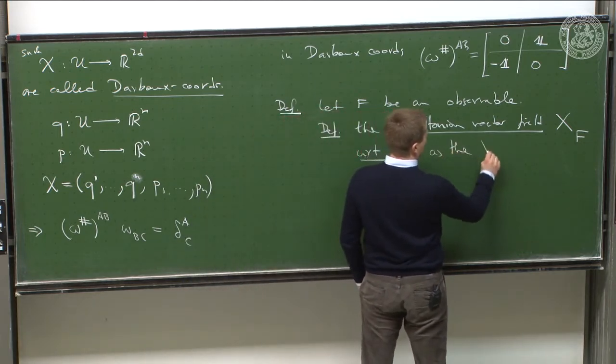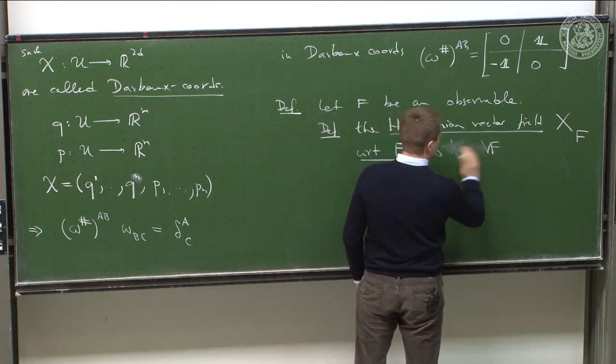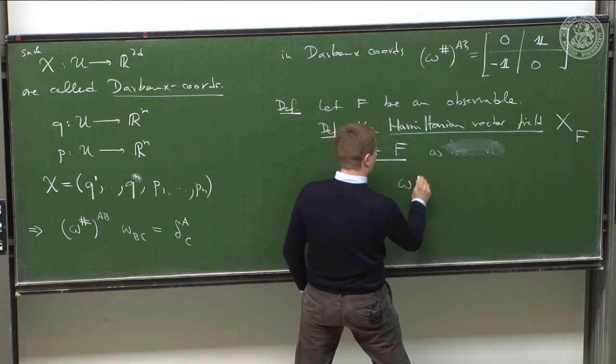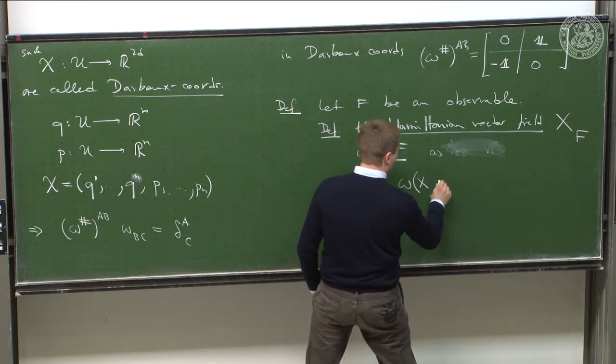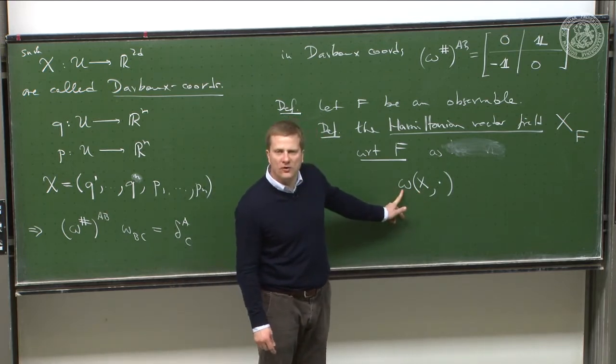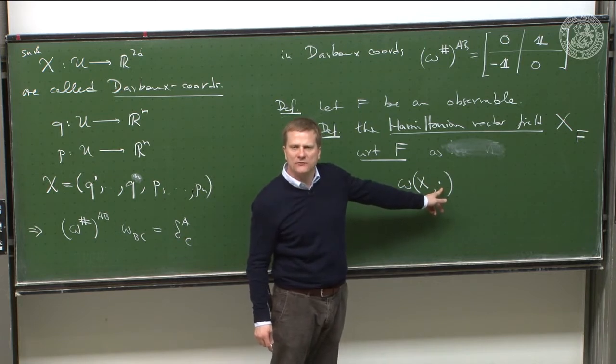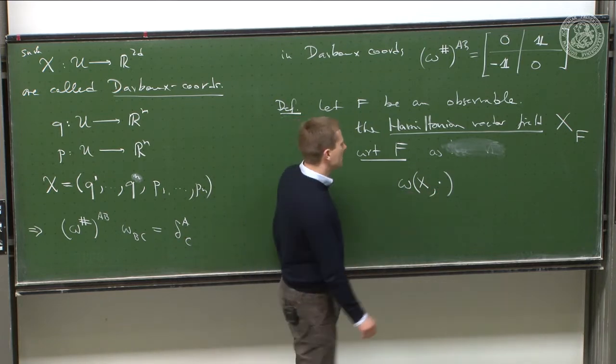as the vector field X_F such that omega(X_F, open slot). This vector field goes into a 2 form on the big manifold, so the resulting object is a 1 form, right?